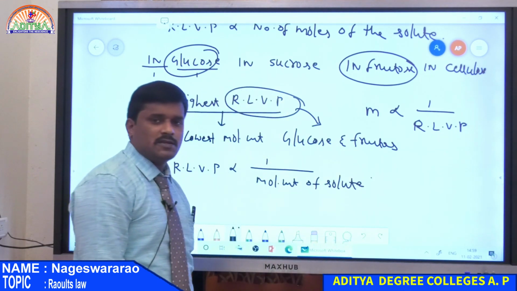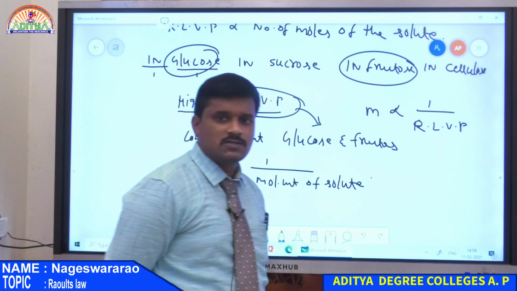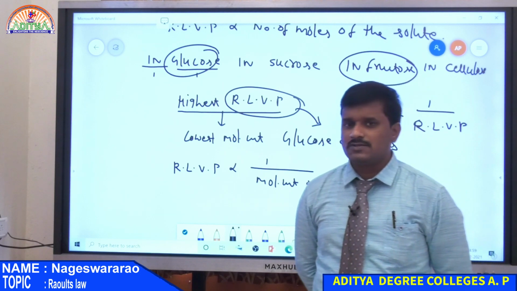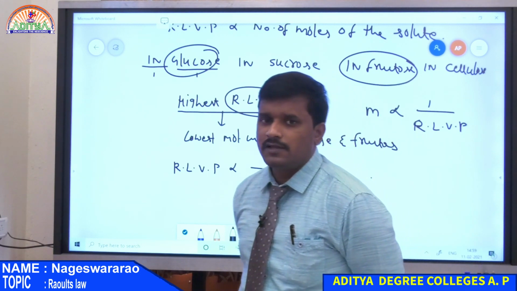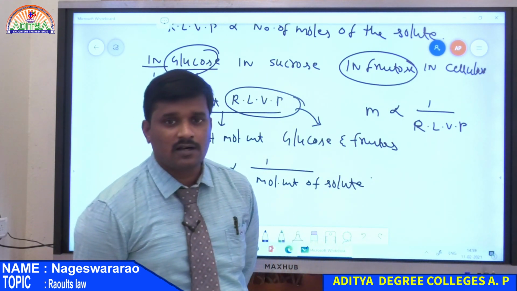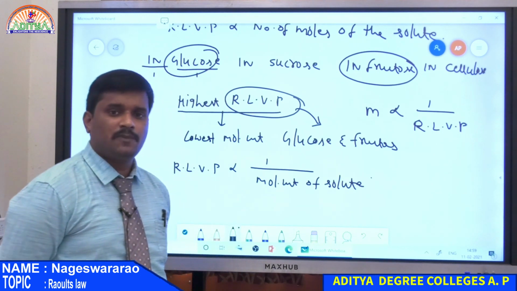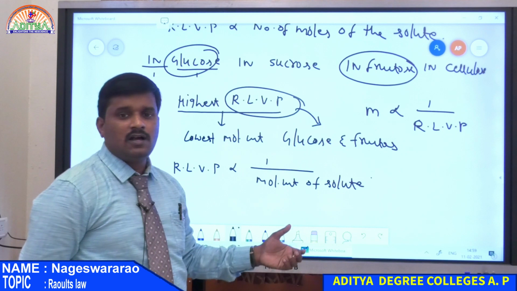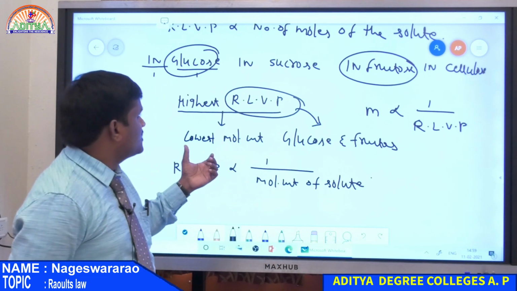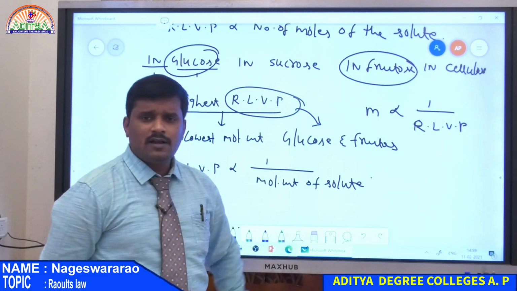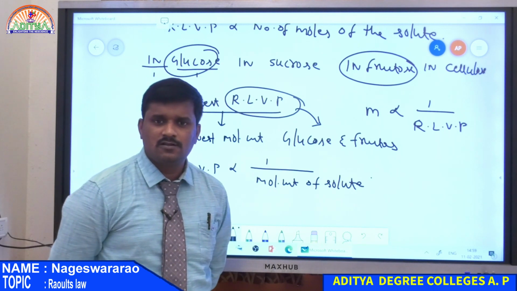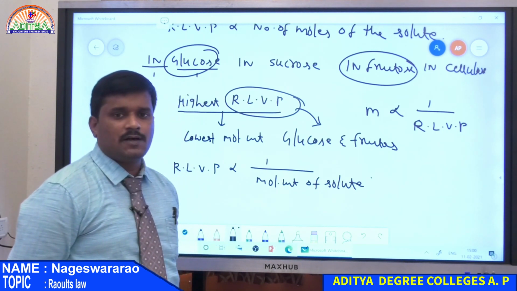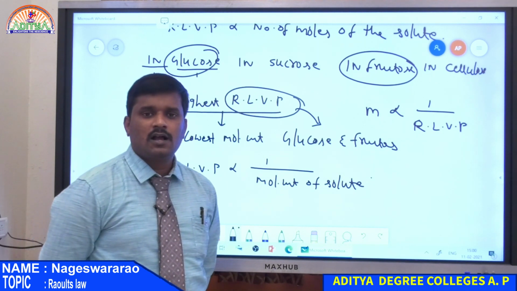So these are the applications of colligative properties. The first colligative property is relative lowering of vapor pressure. It is a colligative property, meaning it depends only on the number of moles of solute present in the solution. Finally, by using Raoult's law we can derive the relation between RLVP and number of moles. RLVP is equal to small n by capital N, that is the mole fraction of solute, therefore it is a colligative property.